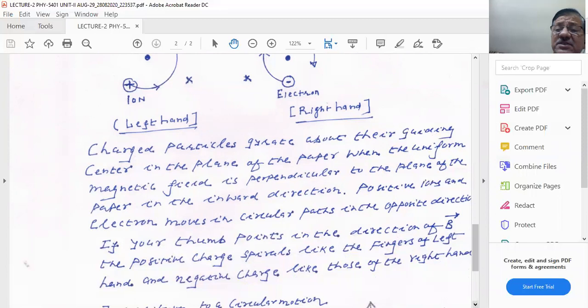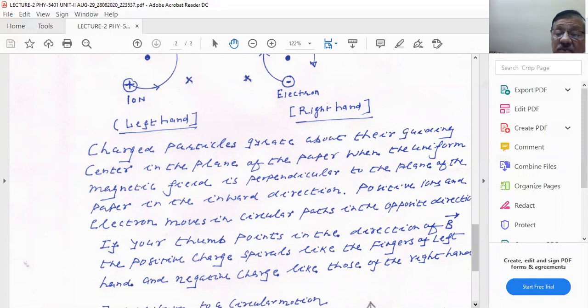So let us once again revise that charged particles gyrate about the guiding centers in the plane of the paper when the uniform magnetic field is perpendicular to the plane of the paper in the inward direction. Positive ions and electrons move in a circular path in opposite directions, as I have explained.